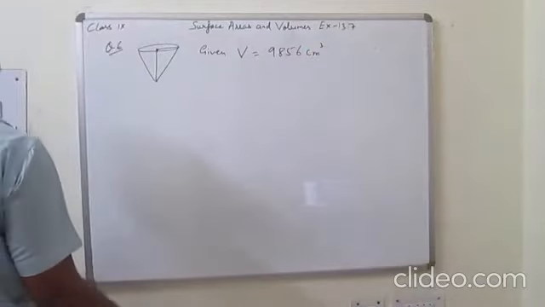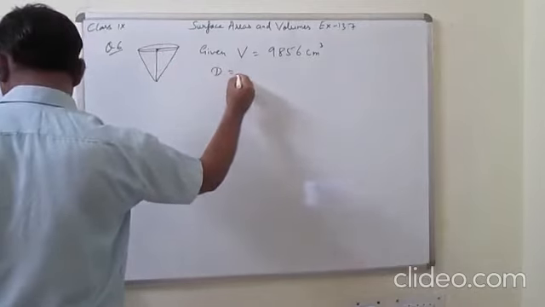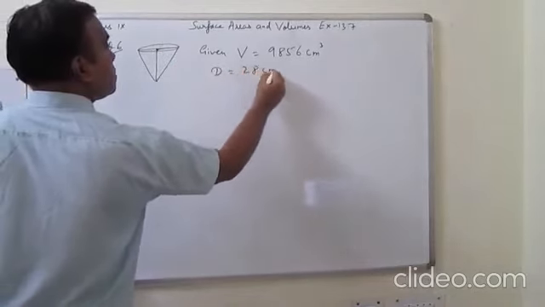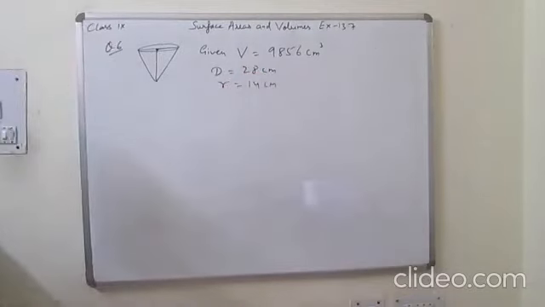If the diameter of the base, D, is given to you as 28 centimeter, so R is equal to 14 centimeter, half of the diameter.